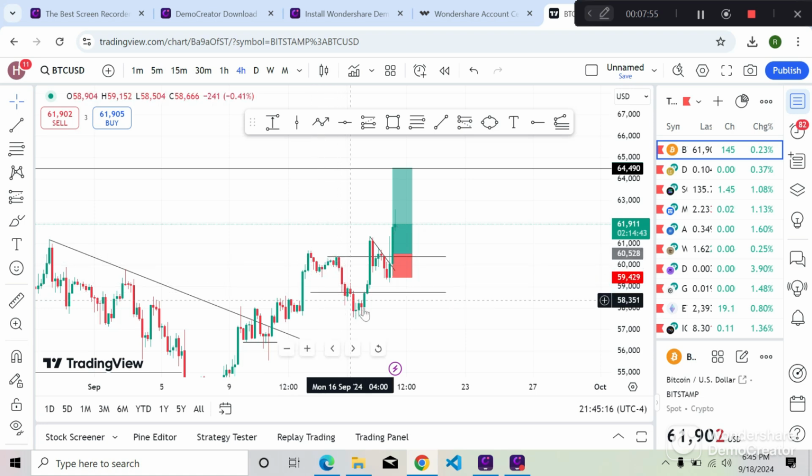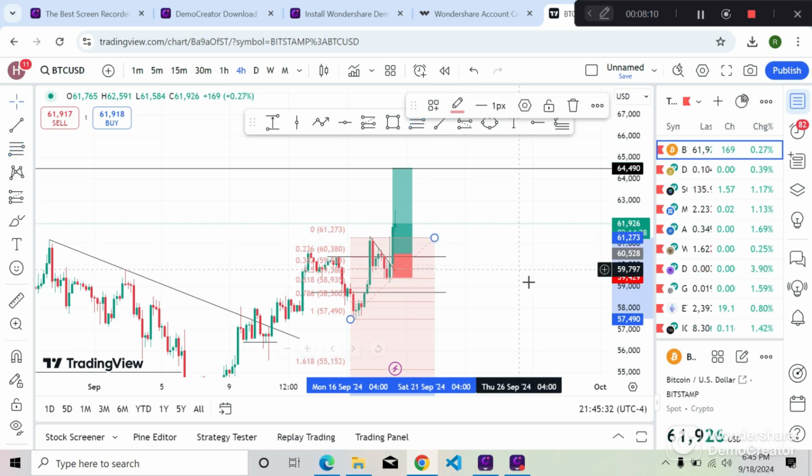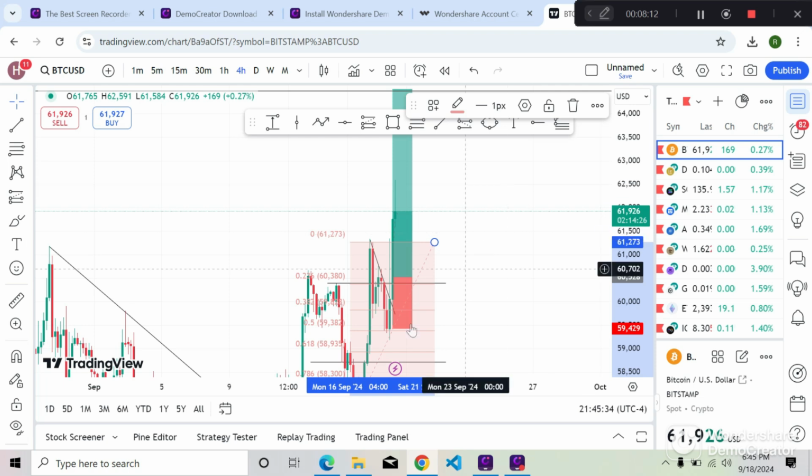So now we can trade a retracement of this. We have our Fibonacci retracement. This would give us probably the 50 or maybe the 61.8 level, and that is what we have.